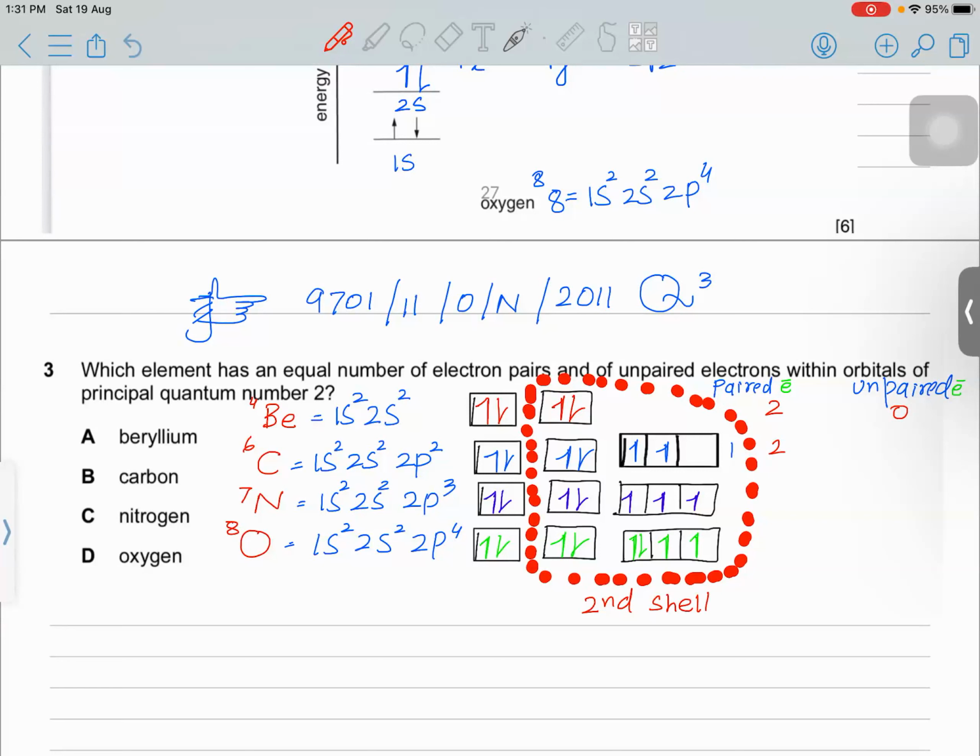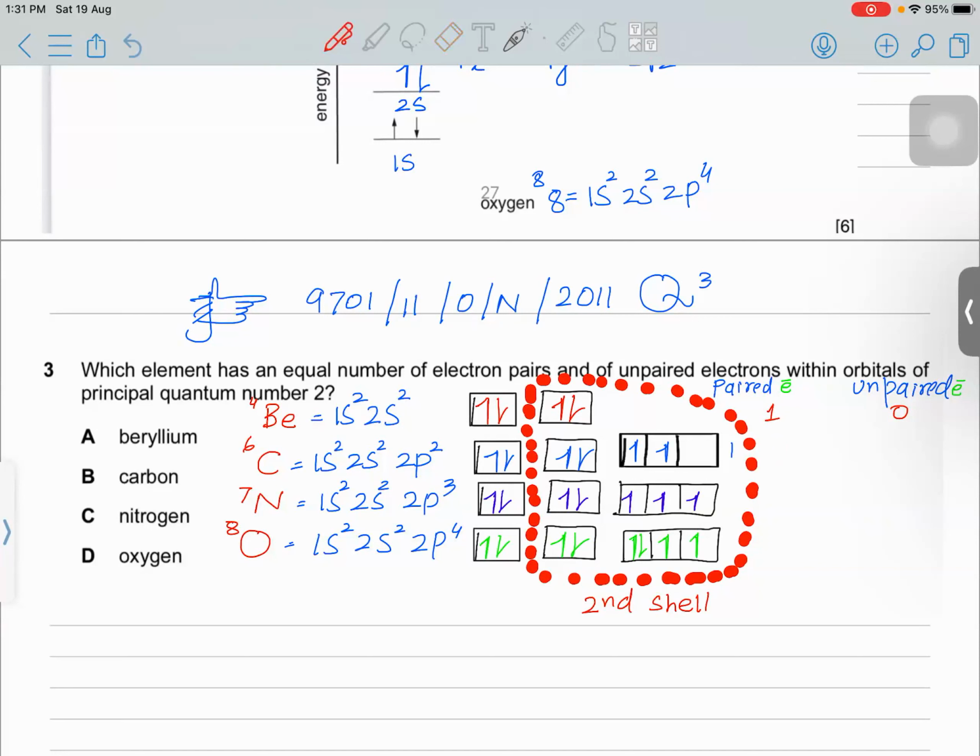In nitrogen, it'll be two and three, and in oxygen, it'll be two and two. If we are asking about the paired electrons, we can say that here we have one paired, zero unpaired.